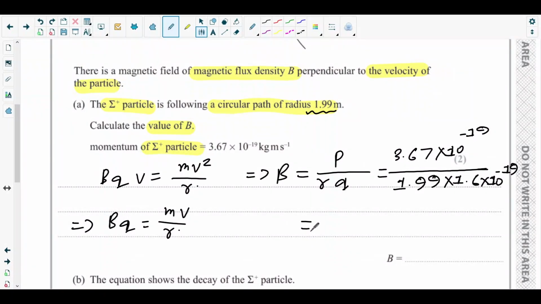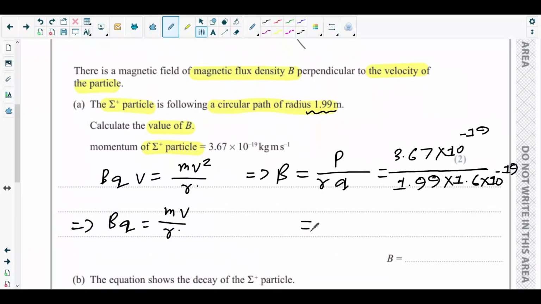Use your calculator to get the value for B. The value for B is 3.67 times 10 to the power minus 19 divided by 1.99 times 1.6 times 10 to the power minus 19.